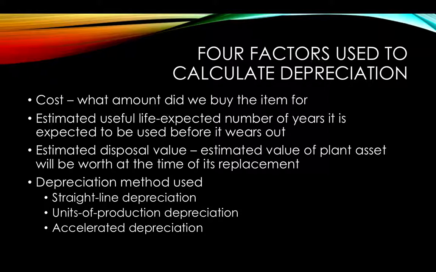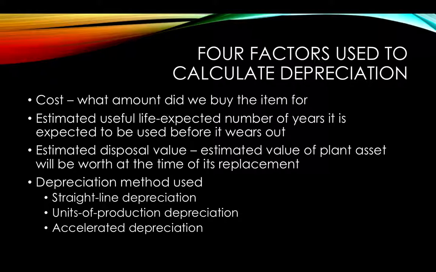We're going to focus on straight line depreciation because that's the easiest and most used, and it's most used because it's easiest. Whereas that focuses mostly on the time that an item exists, the units of production method calculates the depreciation on the units of production instead of years and months. So for our delivery truck, if we delivered 100,000 items, that's the amount it depreciates in, versus 10 years of life.